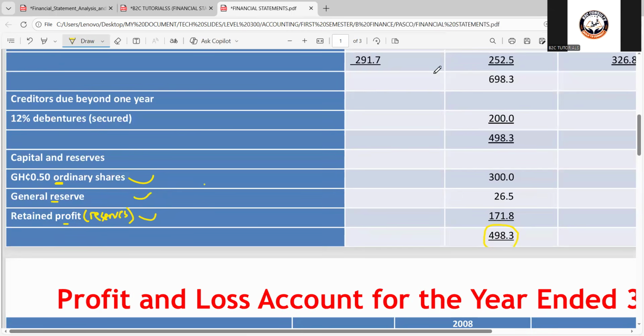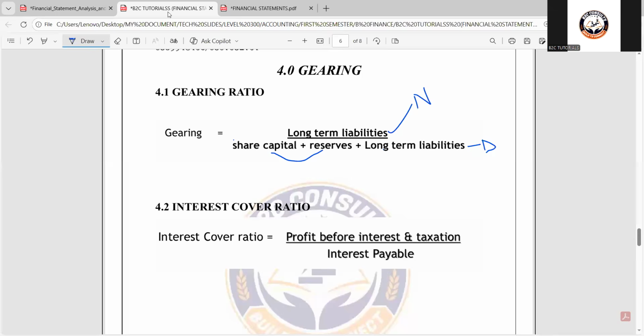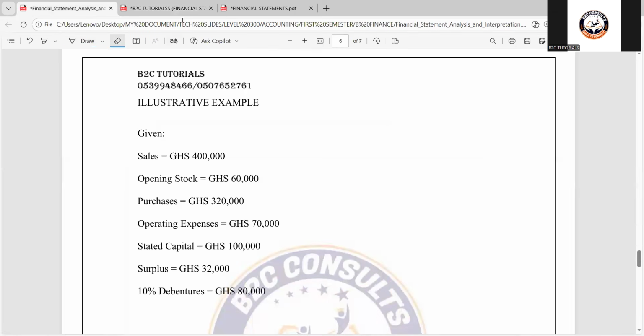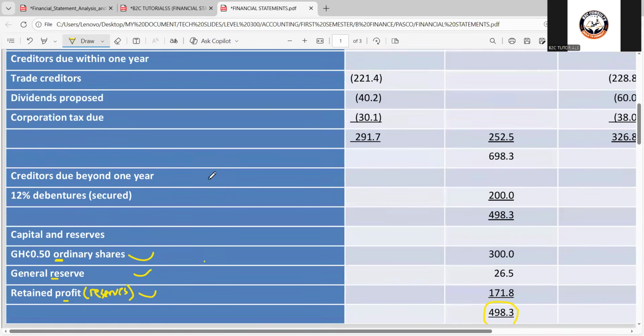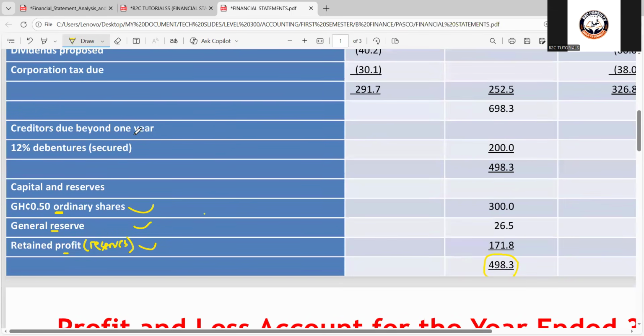And they are saying that, okay, to know how risky the firm is, we just need to divide what we have gone to borrow, that goes beyond 1 year, by what belongs to the owners plus what we have borrowed. So when you look at the financial statements, creditors due beyond 1 year, these are the debts that we have borrowed that go beyond 1 year, and it is just 200.